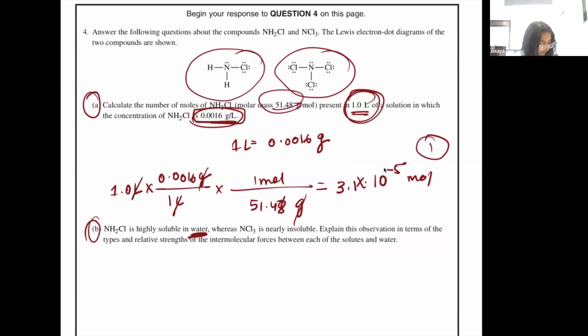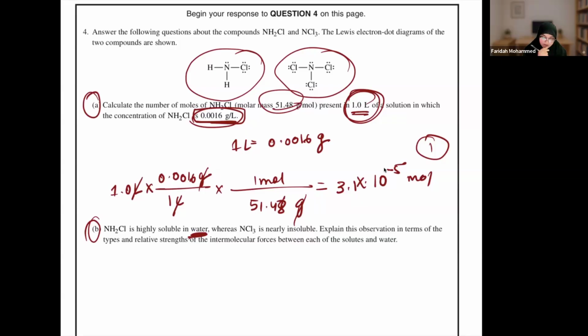And the NH2Cl would form stronger IMF bonds with the water, which makes it highly soluble, while the NCl3 is not as soluble because of the weak LDF it exhibits.